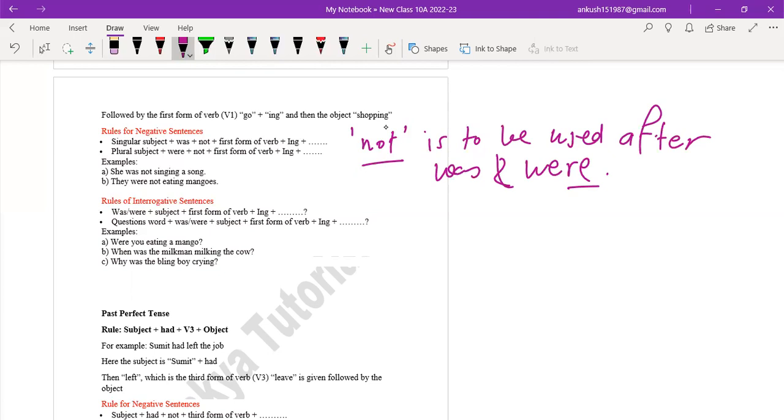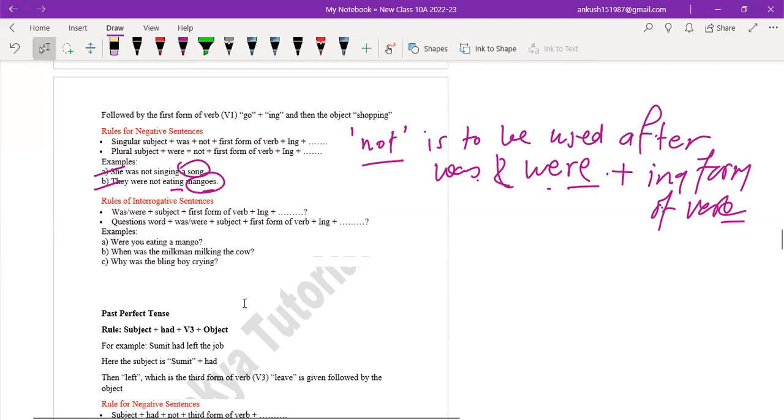Not is used after was and were, plus the ing form of the verb. For example, she was not singing a song, they were not eating mangoes. Eating mangoes, these are the objects. A song and mangoes are the objects.